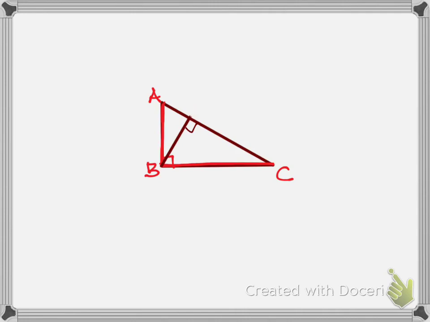And I might call that point Q. And now segment BQ is also an altitude. And those three altitudes meet at this point B. So sometimes the orthocenter can be a vertex of a triangle. And in fact, in every right triangle, the orthocenter will be the right angle of the triangle.